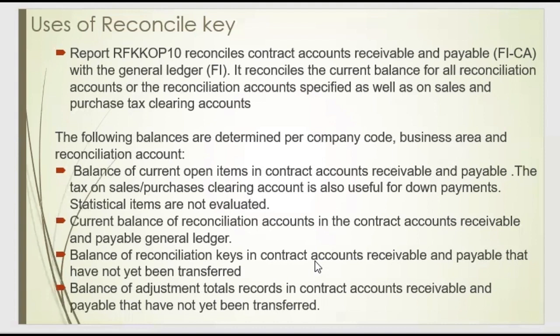The reconciliation means whatever the accounts of the contract account receivable and payable are, in between the general ledger, it reconciles. Reconcile means it checks one after another. Then it balances the reconciliation keys in a contract account receivable and payable that have not yet been transferred. If there is any amount which is still pending, not yet cleared, and there are some open items, when we see the display, it also balances that out.